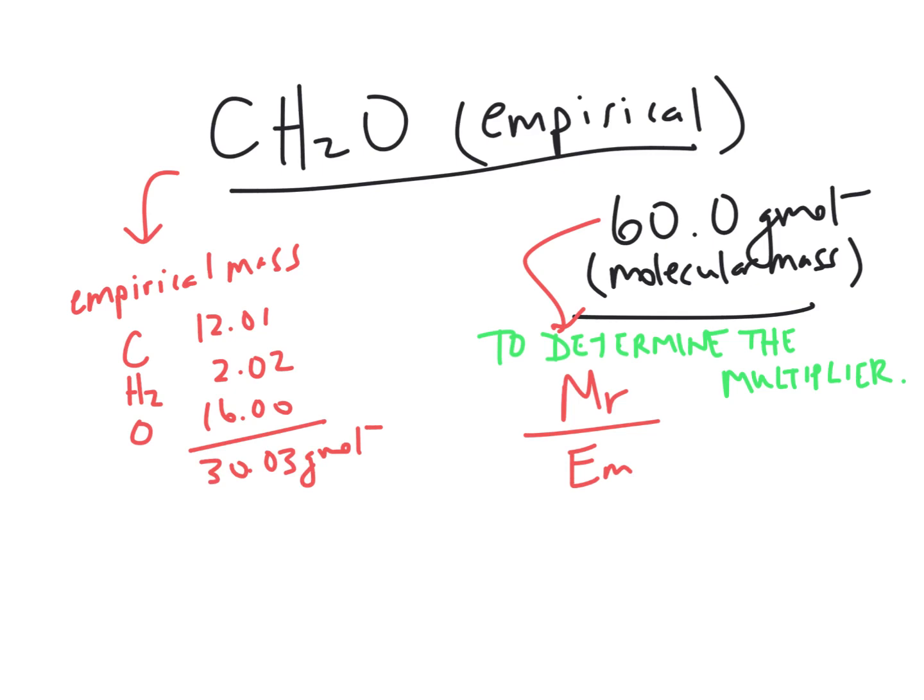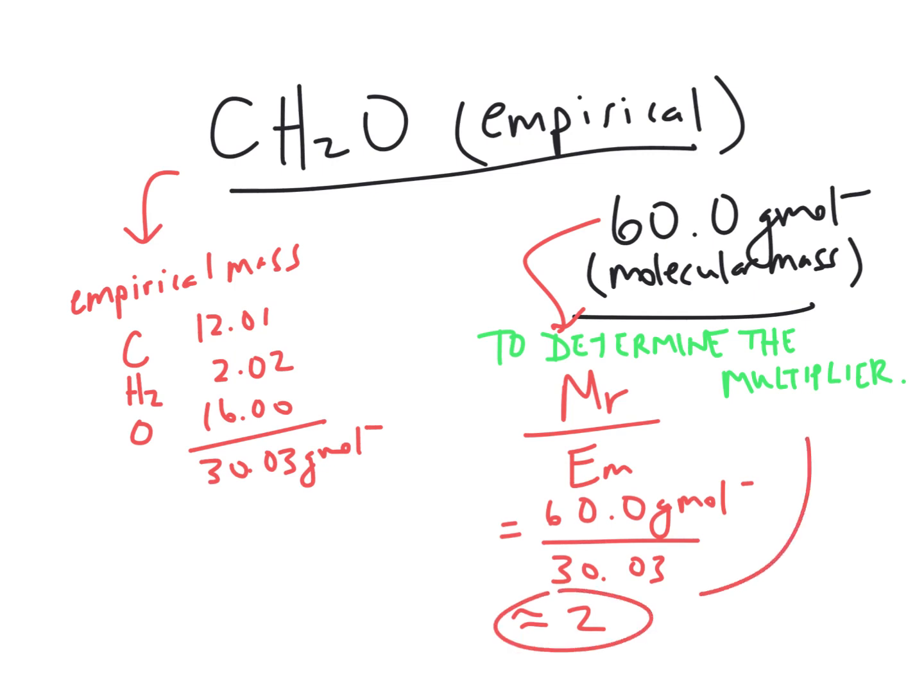And away we go. When you do that, hopefully you get a nice whole number ratio, and I think you can see that this is shaping up to give us that. It gives us about 2, doesn't it? So our multiplier is 2. What does that mean? Go ahead and make sure you answer the final question.